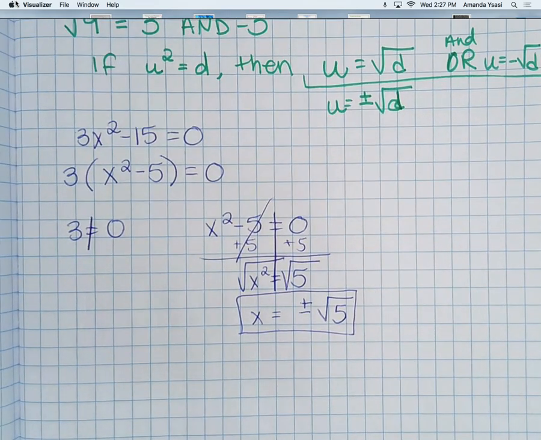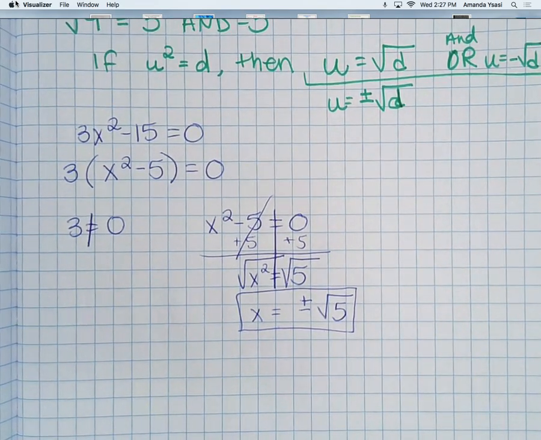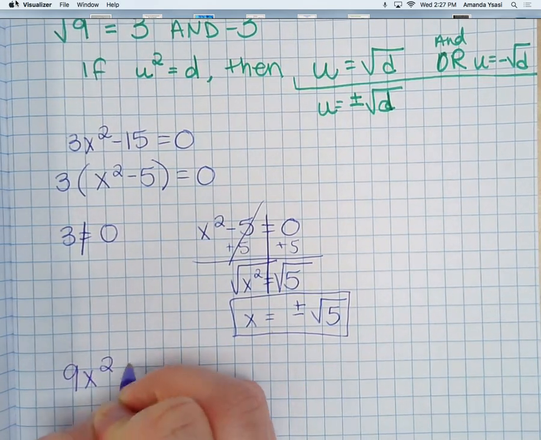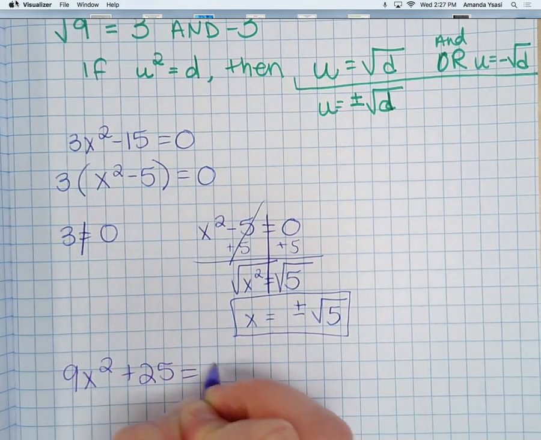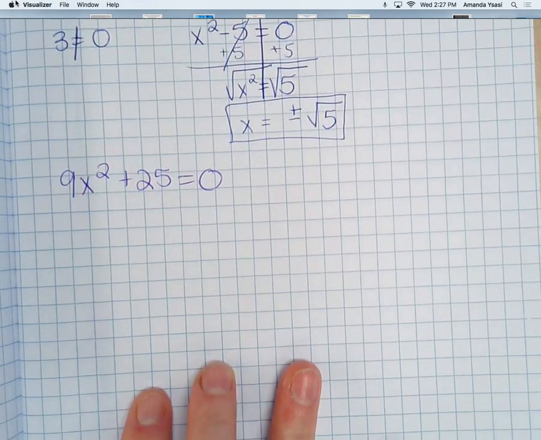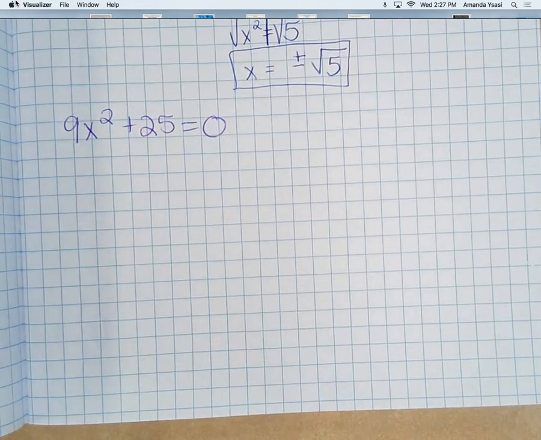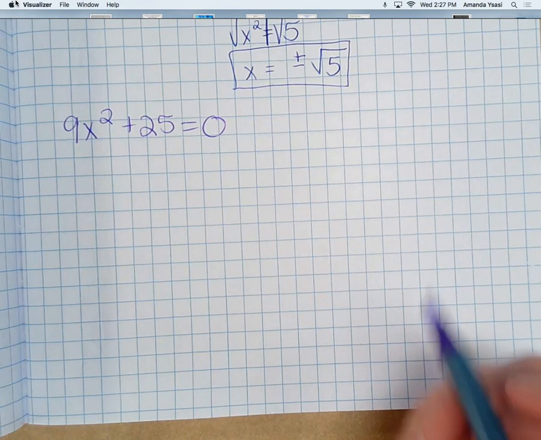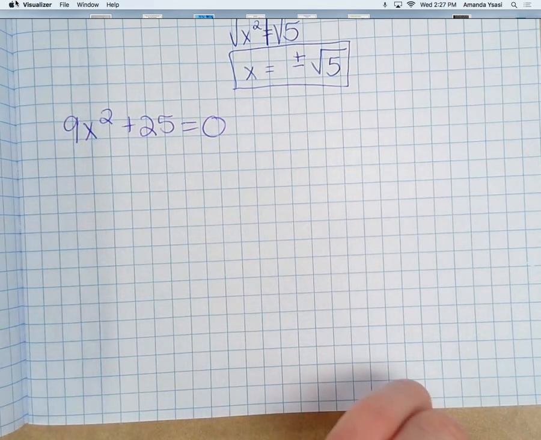Okay, so let's do another example. 9x squared plus 25 equals 0. Okay, can I do anything with that right now? So what do I need to do?